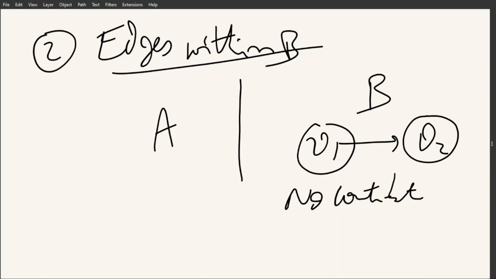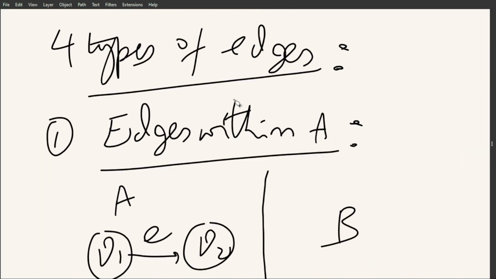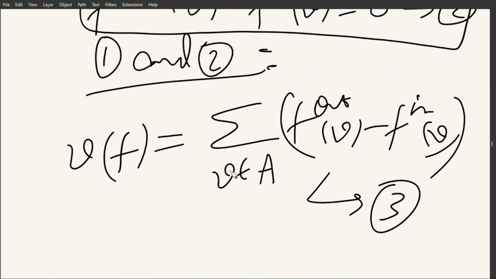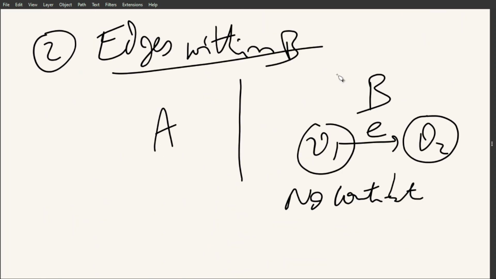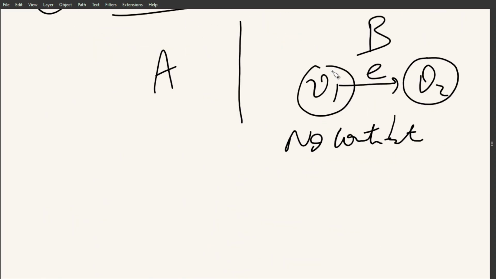We are considering all possible edges. For this edge there is no contribution, because when edges are within B, both these vertices are not in A. The sum is over all V in A, so there is no contribution. The contribution is 0.